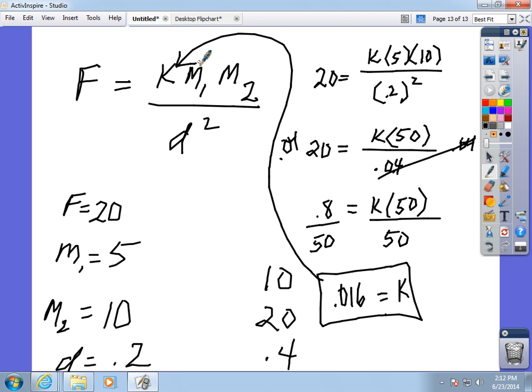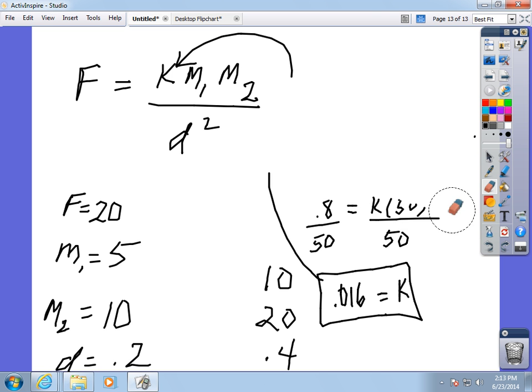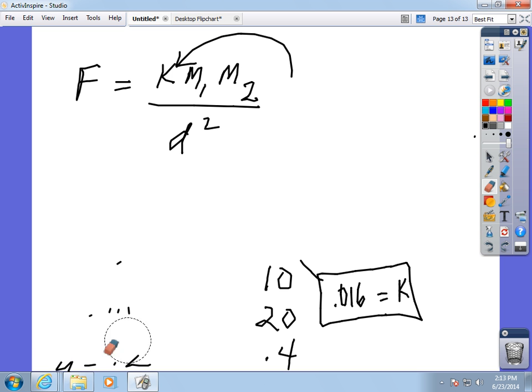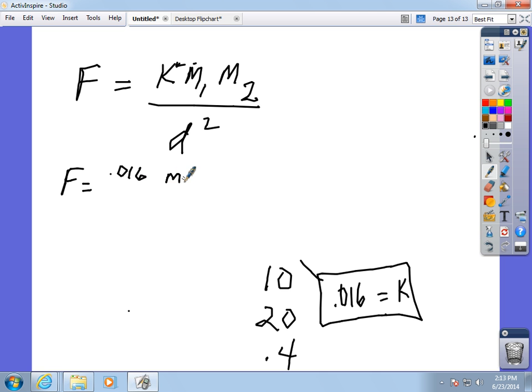Okay, so now that we got our K is 0.016, plug in our values.